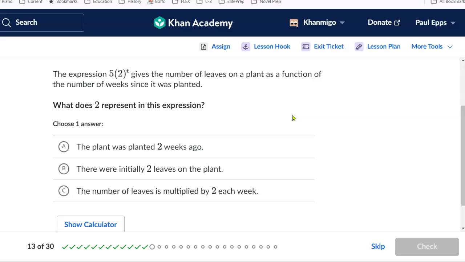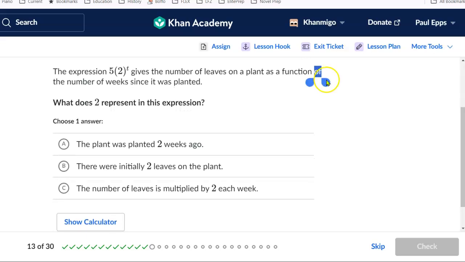So t represents the number of weeks. Let me get a pen here. T represents the number of weeks. Okay. We will let L represent the number of leaves.